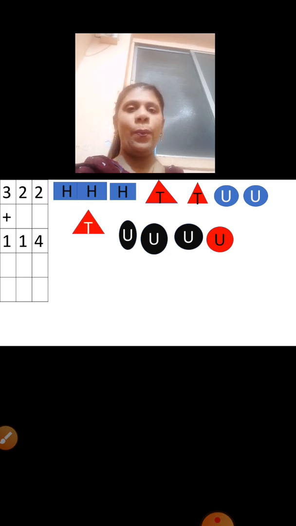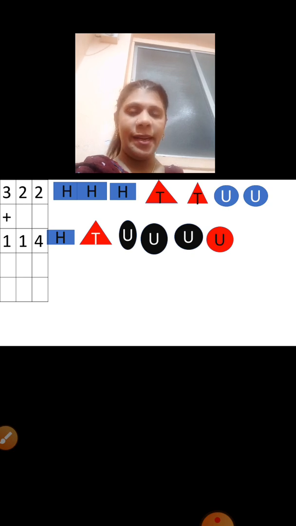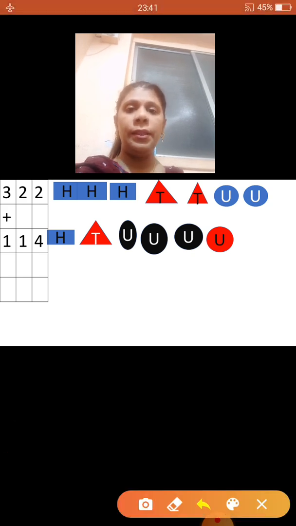So 1 tens. How many hundreds? 1, correct. So now see, 1h, that is 100, 1t, that is 10, and 4 units. So when we add that 1t to 4 units, it will become 14. So 114.